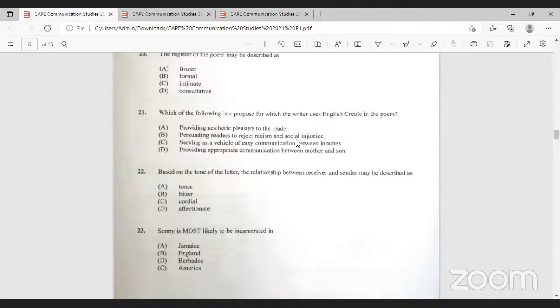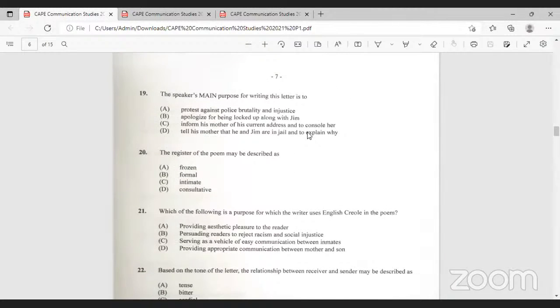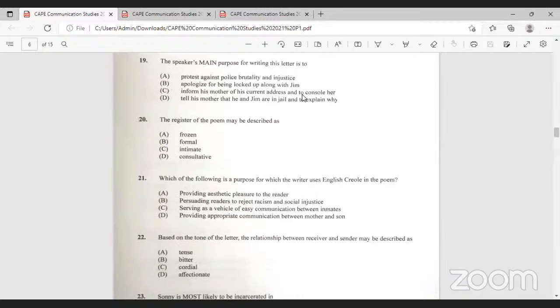Why? 21. C, somebody said D. 19 is D, as in dog. 19 is dog, and 20 is C. 21, yeah, what are we saying is 21? So the following is a purpose for which the writer uses English Creole in the poem.